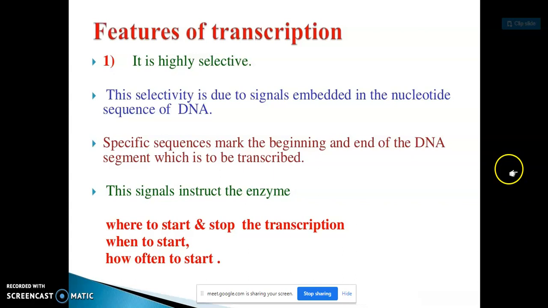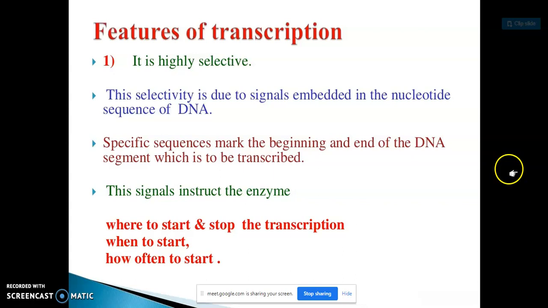Say, for example, beta-galactosidase, the enzyme involved in the hydrolysis of lactose. When you grow E. coli cells in a medium containing glucose, there won't be any synthesis of galactosidase. But when you change the medium and inoculate the E. coli cells in a lactose-containing medium, immediately there is a synthesis of the beta-galactosidase enzyme.